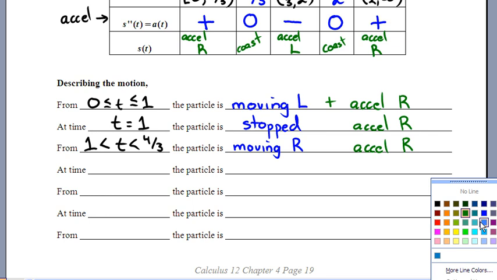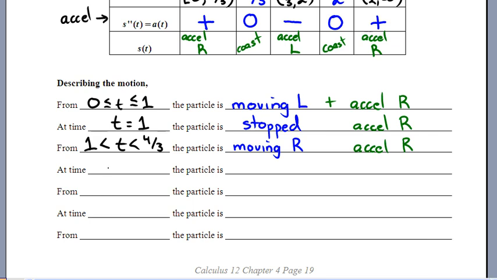Then at time 4/3, just at that instant, we're still moving to the right. After all, we've been accelerating for some time, so we've got quite a bit of speed. But we're going to turn the rockets off. So we're just going to briefly be coasting. Just for a split second.